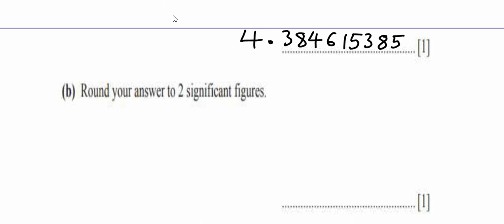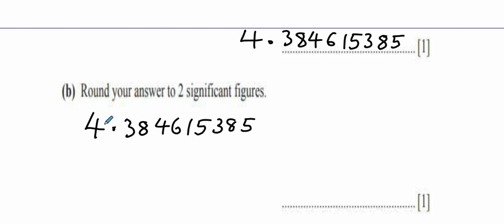Okay. So this is the answer we have got, 4.38461538. Now, can you see how many significant figures this answer has? The first significant figure, second, third, fourth, fifth, sixth, seventh, eighth, ninth, 10th.